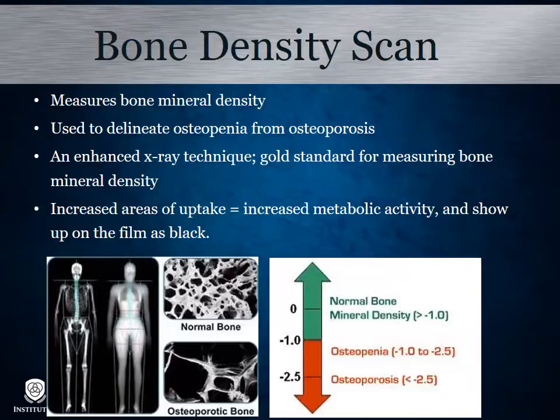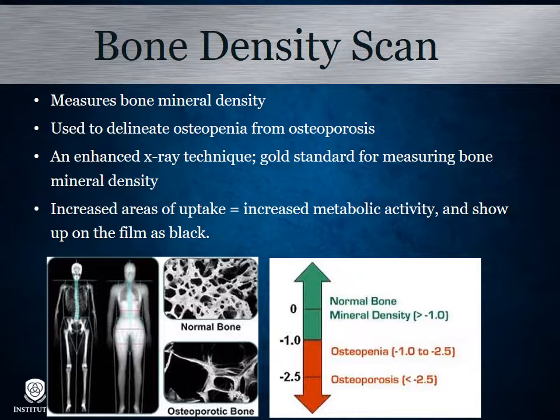So bone density. We talked about demineralization with osteopenia and osteoporosis on plain films. If you have somebody at that right point in their life, especially postmenopausal females, and you want an assessment of their relative bone density, but it's not showing up on plain films, maybe as a baseline, this is a method to do that.